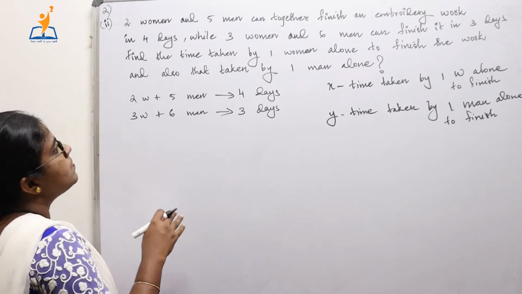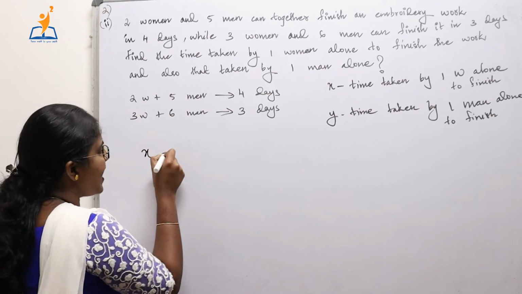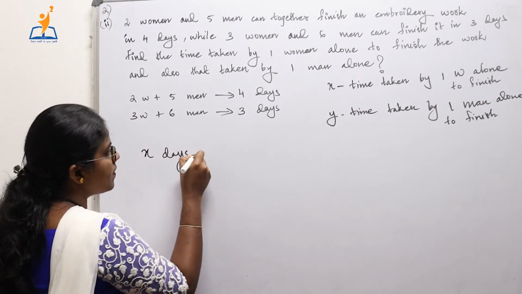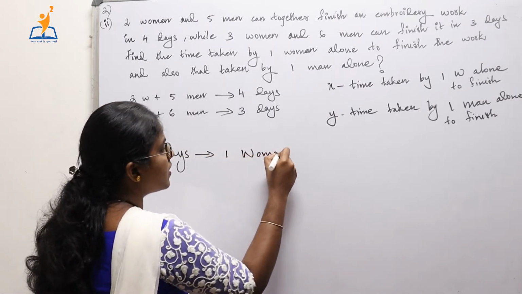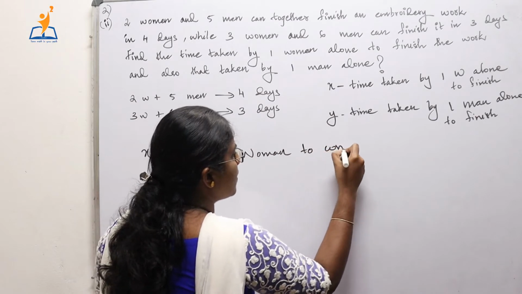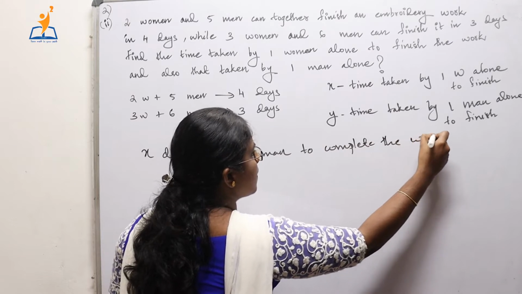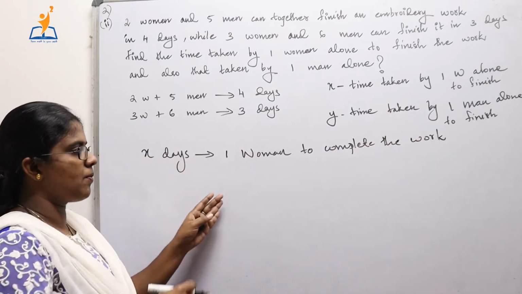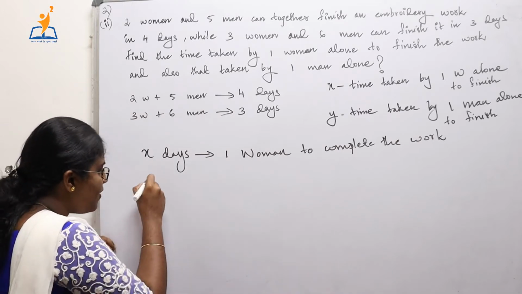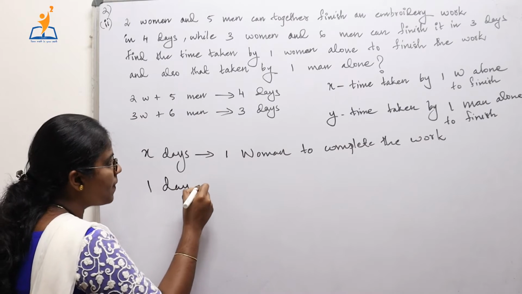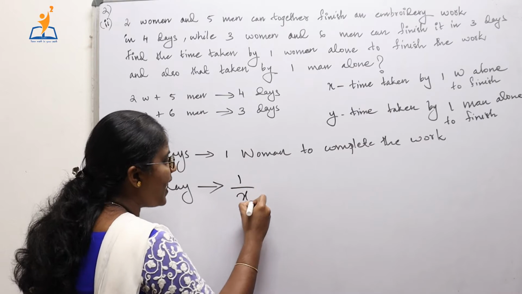So now we know that x days were required for 1 woman to complete the work. So in one day, one woman can complete 1 by x work.